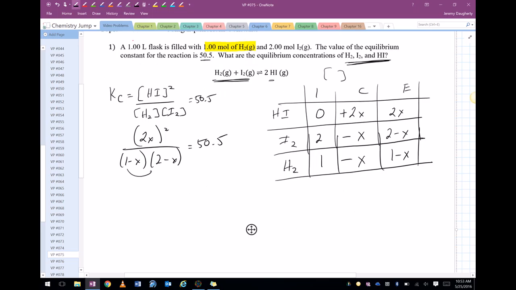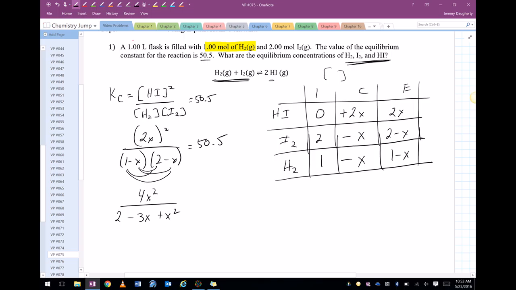Okay, so let's get to that point. I'm going to FOIL this. Right. So once I FOIL that, I end up with something that looks like this. I get 4x squared up top, because that's 2x squared. Then on bottom, I'm going to get 2 minus 3x plus x squared.